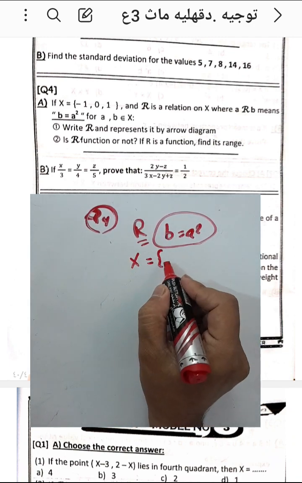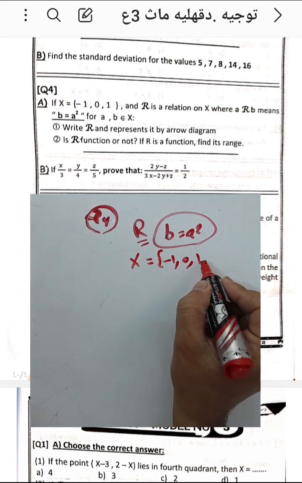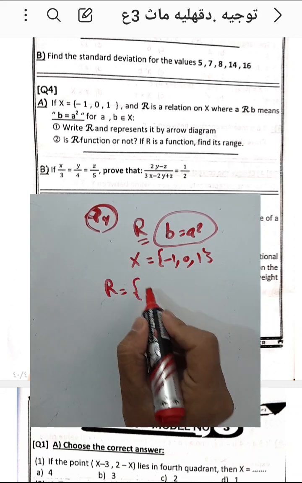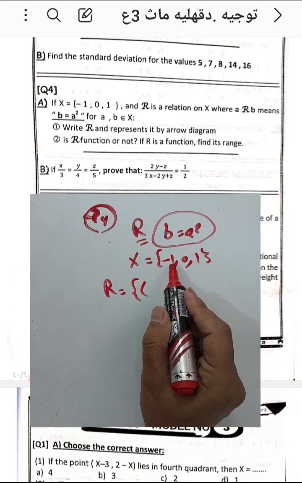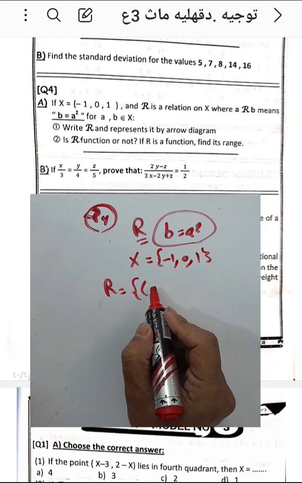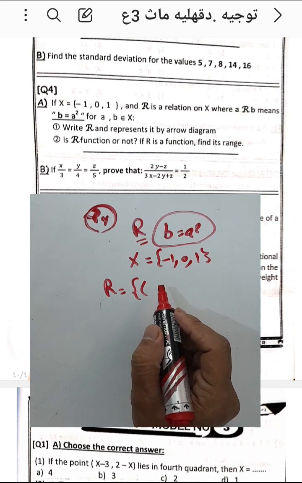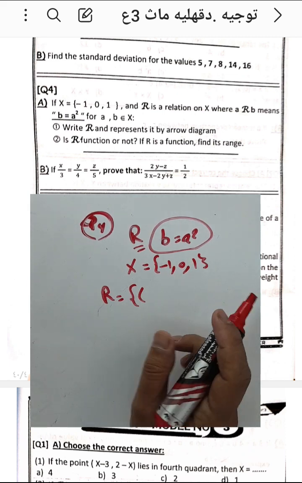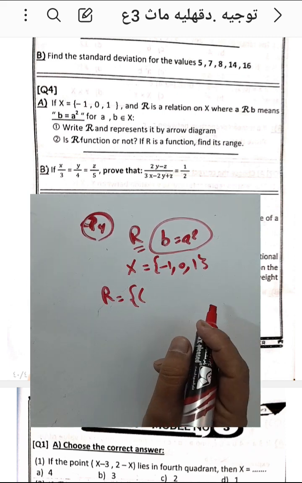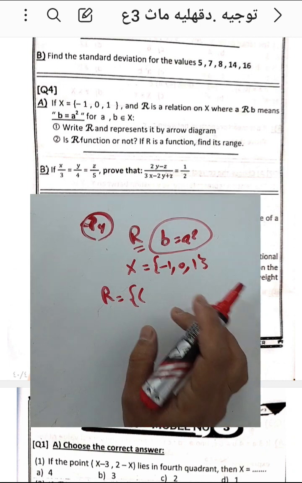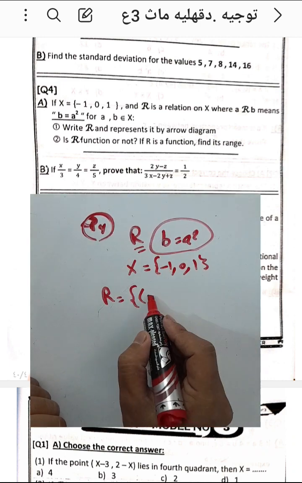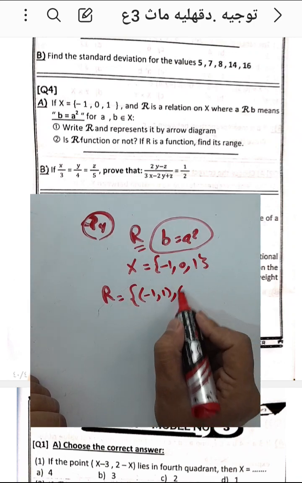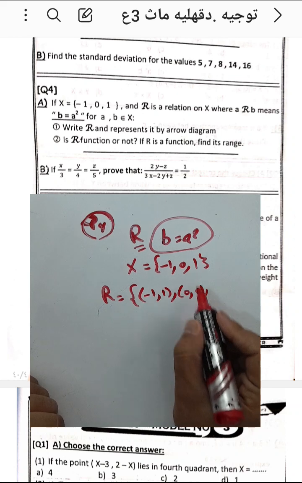Okay, x here is negative 1, 0 and 1. You can write the relation by this rule. First order, negative 1 power 2 will be 1. Understood? The relation here is b equals a power 2. Then a is the first projection and b is the second projection, a belonging to x and b belonging to x. Then we can write here negative 1 power 2 will be 1. 0 power 2 will be 0. 1 power 2 will be 1.